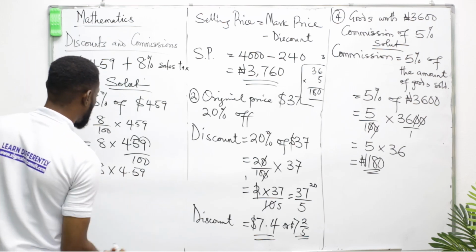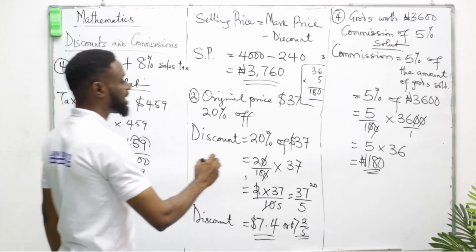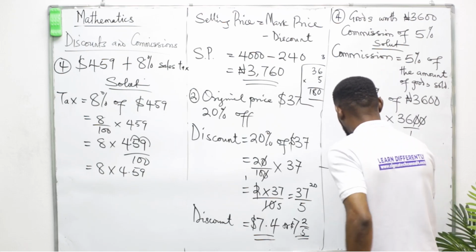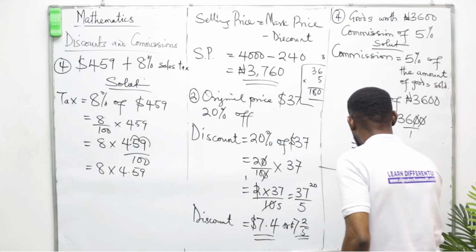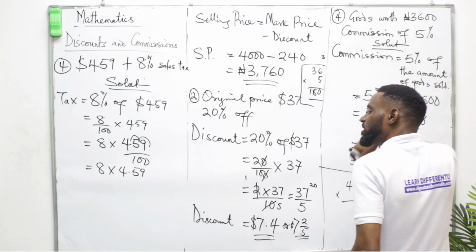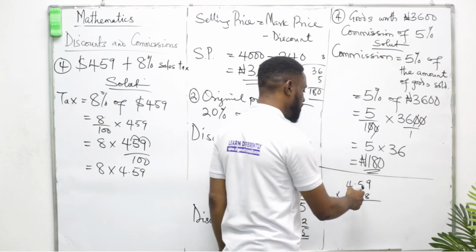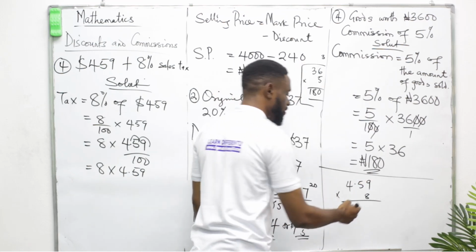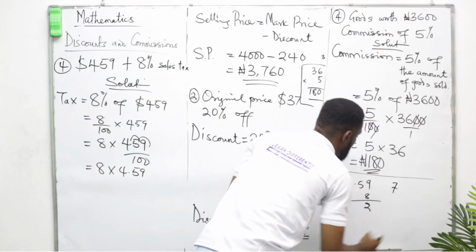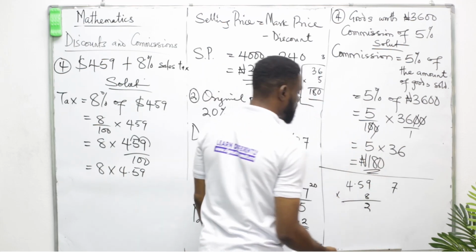So 8 times 4.59. All right, so let's quickly solve that here. 4.59 multiplied by 8. Okay, we have 2 decimal places here, so we know what to do there. So 8 times 9 is 72, remainder 7. 8 times 5 is 40, plus 7 is 47.